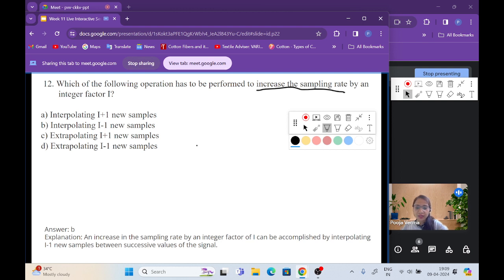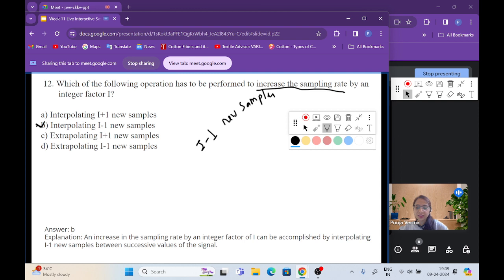So we have seen that I minus 1 new samples or zeros must be added between the samples. Okay, so option B is the correct answer for this question. Interpolating I minus 1 new samples between the sequences.